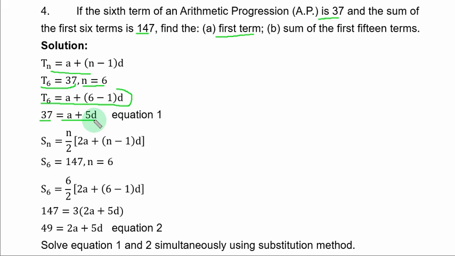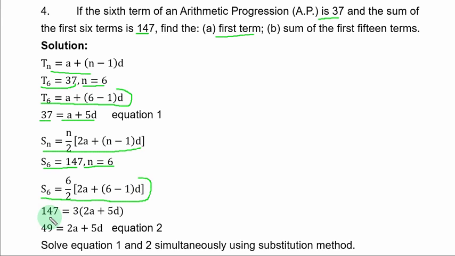The second statement is the sum of the first 6 terms. So we go by the sum of terms formula. S sub 6 is 147. At this point also, n is 6. So S sub 6 equals 6 over 2, bracket open, 2 times a, plus bracket open again, 6 minus 1, bracket close, bracket close.